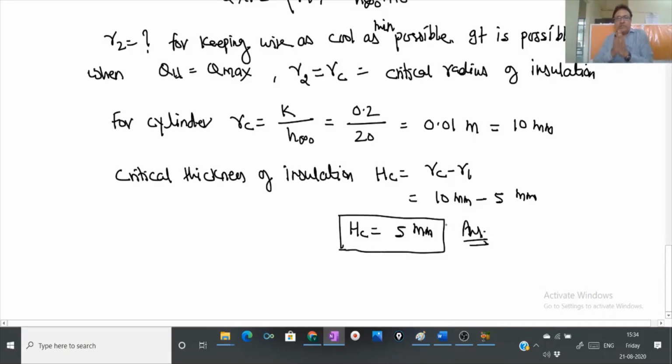So always keep in mind the critical radius of insulation and the critical thickness of insulation. So this RC will be equal to R2 in order to make Q2 as Qmax.